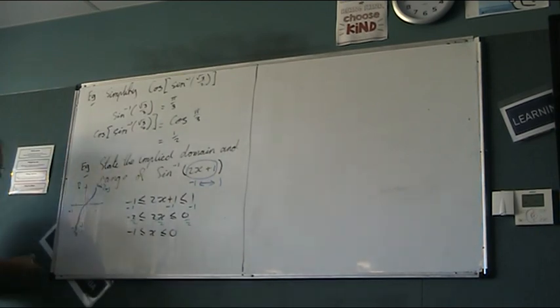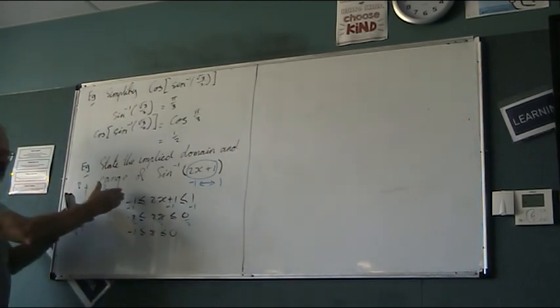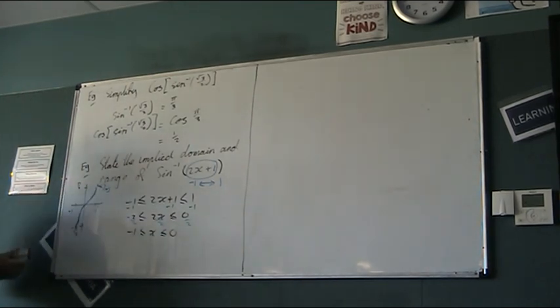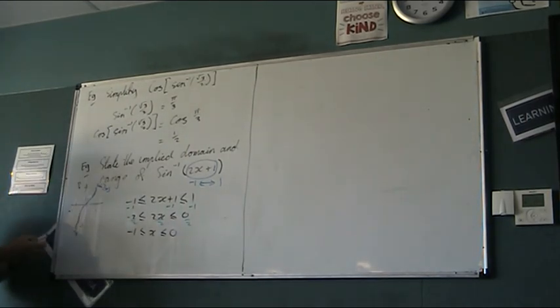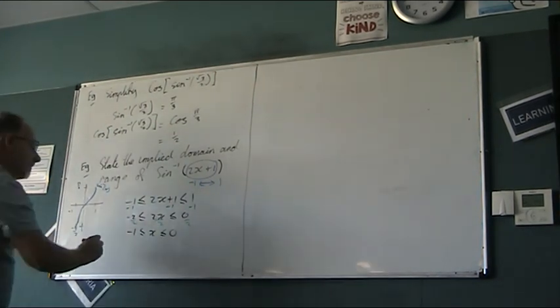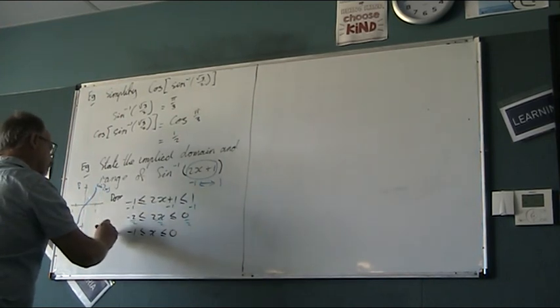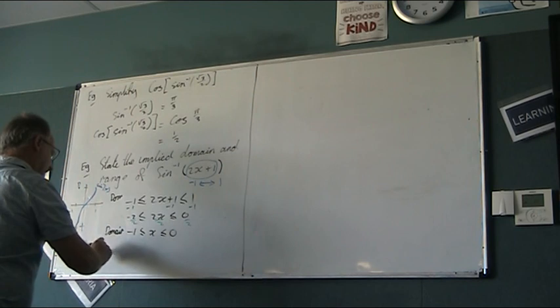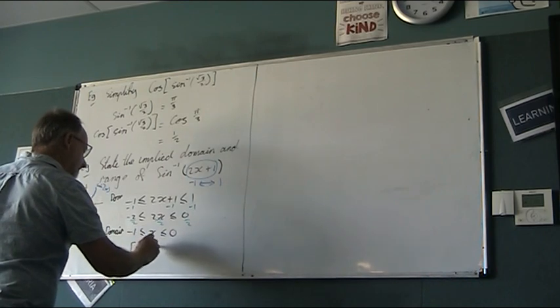It's just dilate, dilate, translate. It doesn't do anything in the y direction, so the range has got to remain at negative pi on 2 to pi on 2. So this is our domain, and our range will stay as negative pi on 2 to pi on 2.